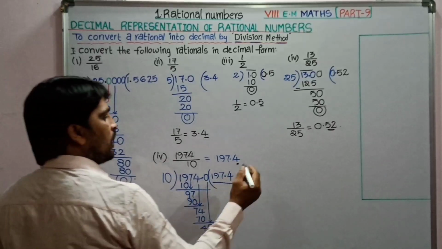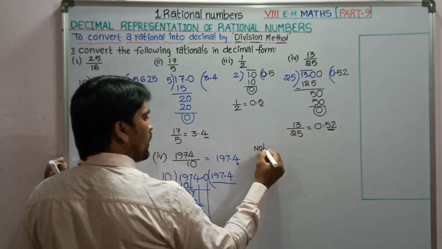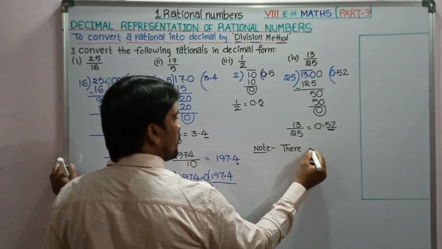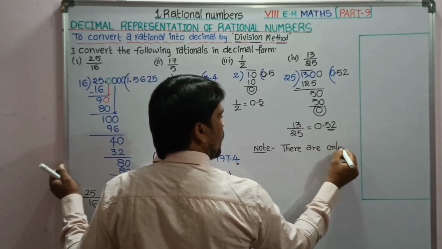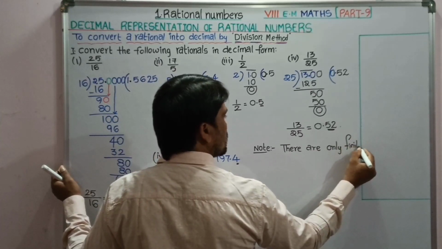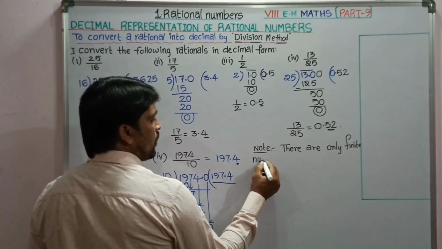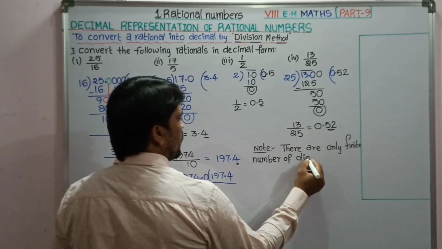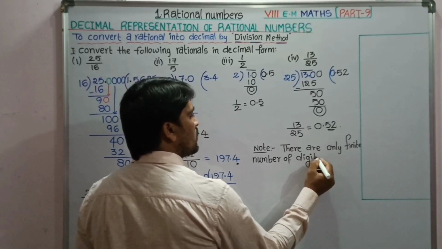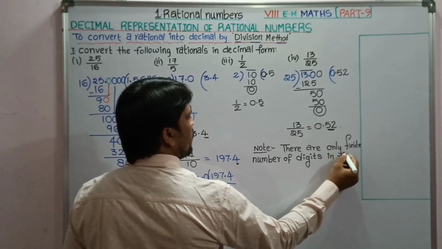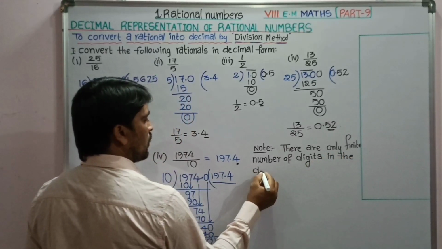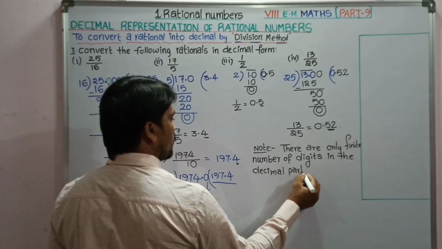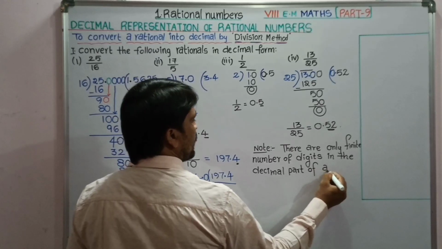Let us make a note that there are only a finite number of digits in the decimal part of the above rational numbers.